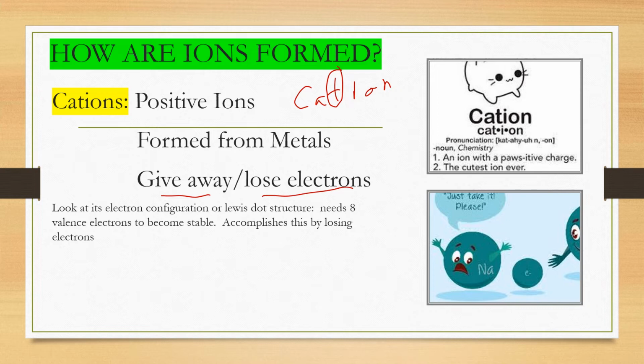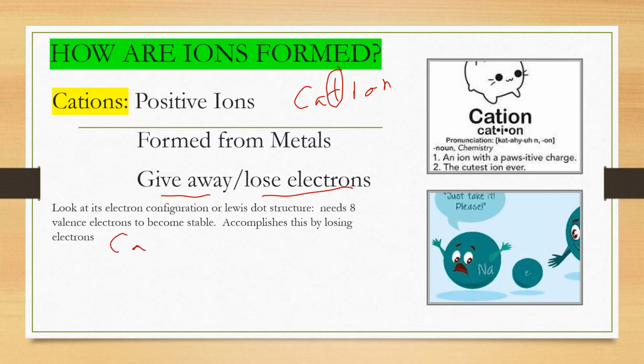Okay, so let's look at its electron configuration or Lewis dot structure and find out how many valence electrons it needs to become stable. So let's look at, for example, calcium.